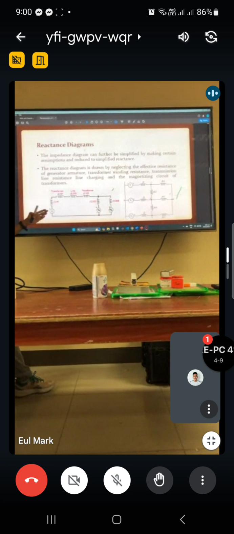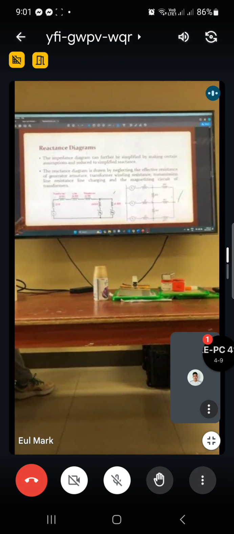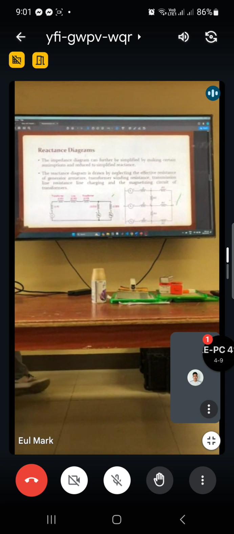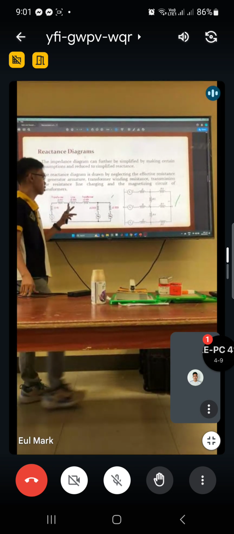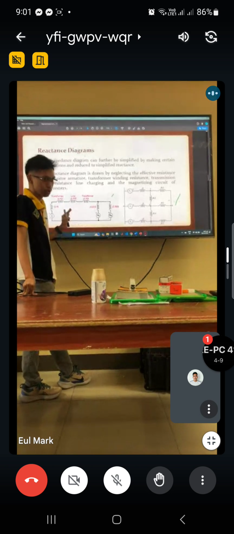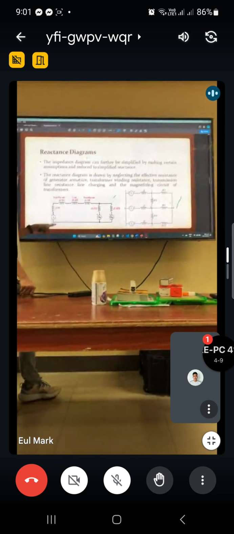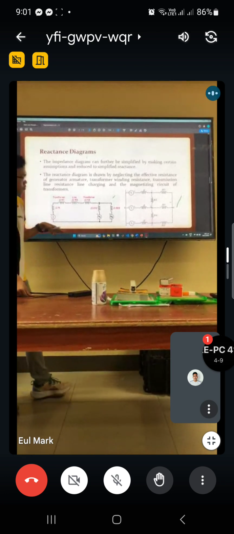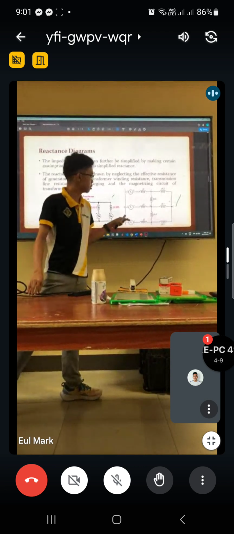The primary and secondary winding resistances are neglected, and the transformer is modeled as one reactance. The shunt elements of the transmission line are also neglected, and so is the transformer's magnetizing circuit. So this is an example of a reactance diagram, as well as this one.